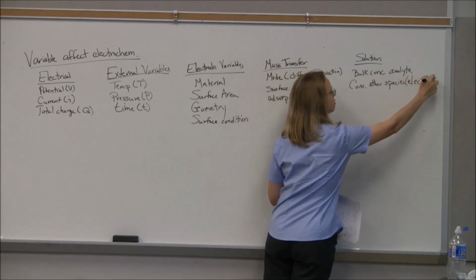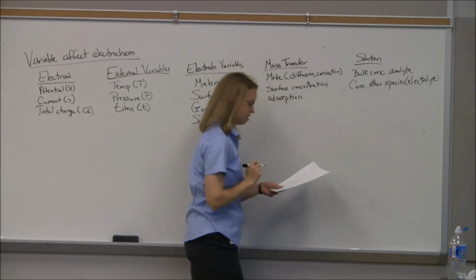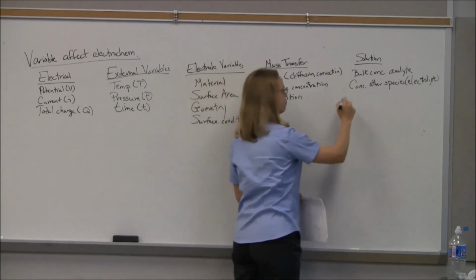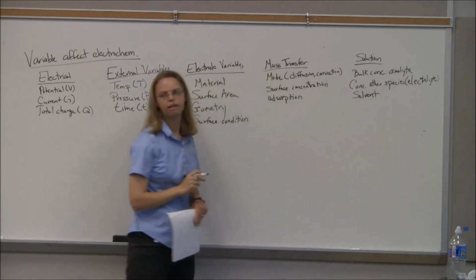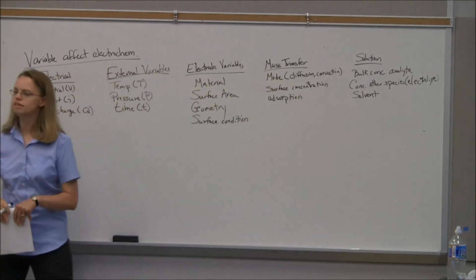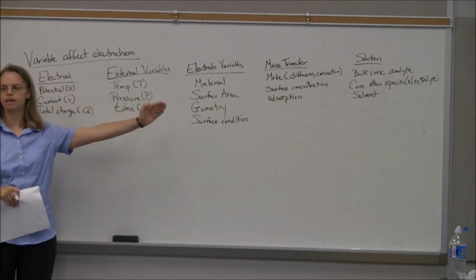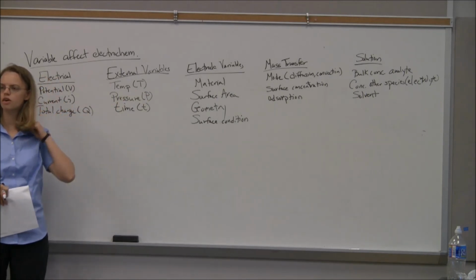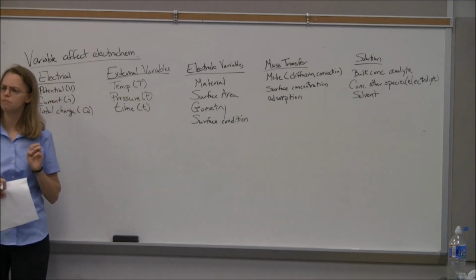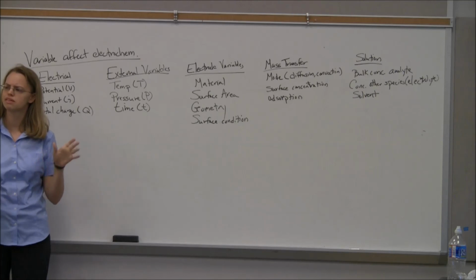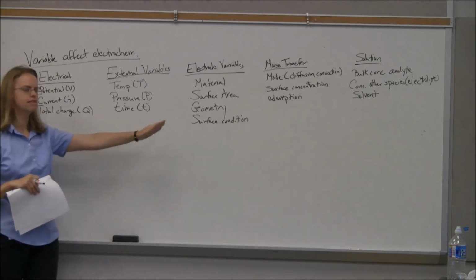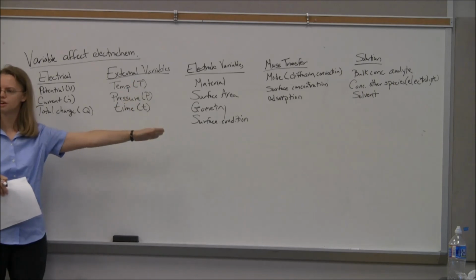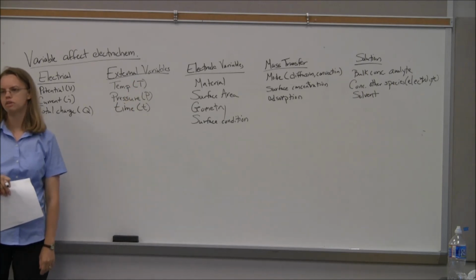So what's in the electrolyte might affect the signal that we get, and the solvent as well. As I said, this is why you can write a whole book on electrochemistry, because you can start off with something very simple, like looking up in the table what E0 is based on energetics. And then you start looking at all of these different variables that go into what you're actually going to get out.